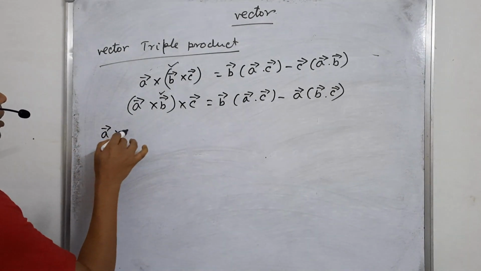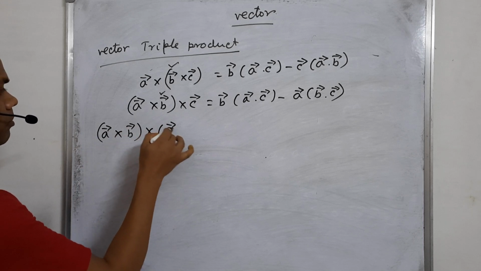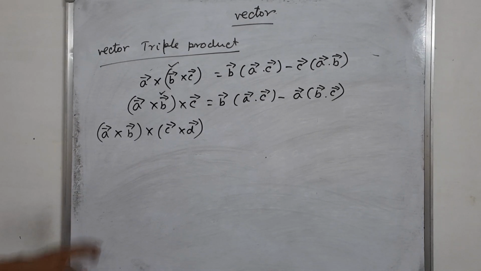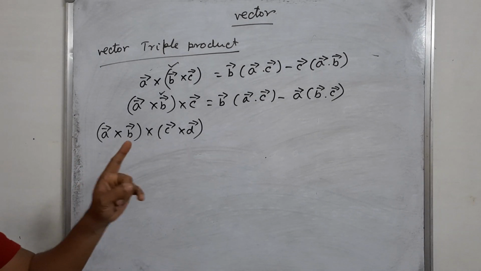If there are 4 vectors, A vector cross B vector cross C cross D vector, then either A cross B or C cross D is taken as one vector.